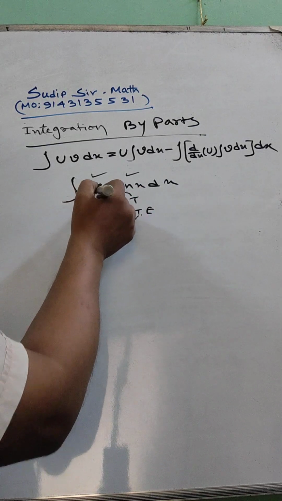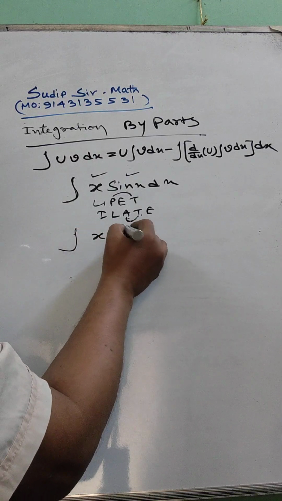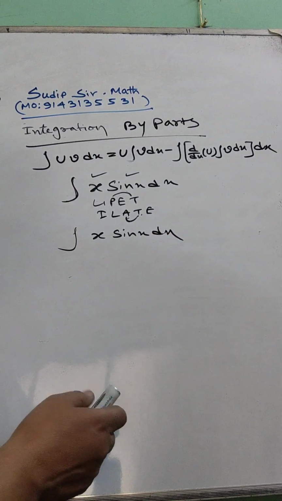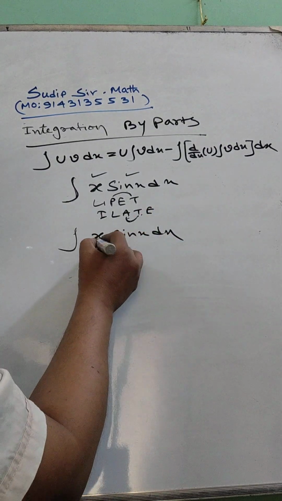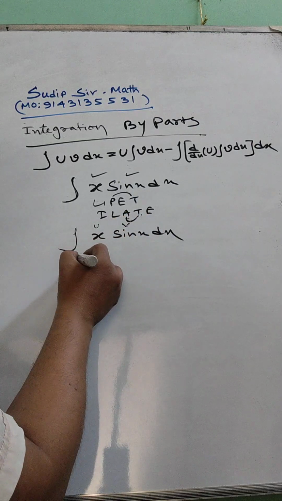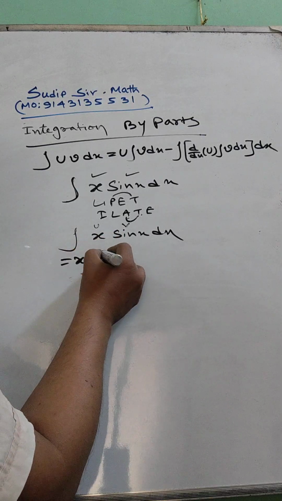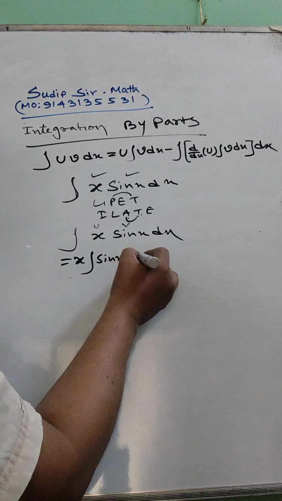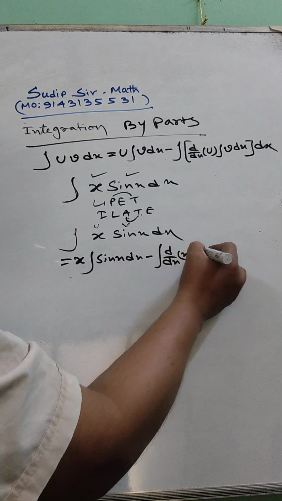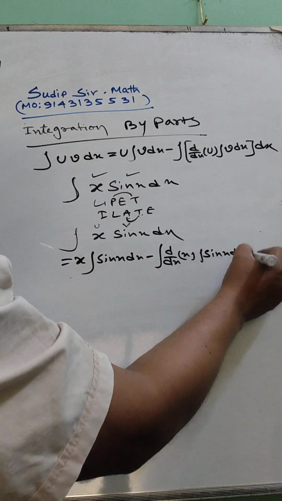Now x is U and sin x is V, so apply that formula: x times integration of sin x dx, minus integration of d/dx of x times integration of sin x dx, whole dx.